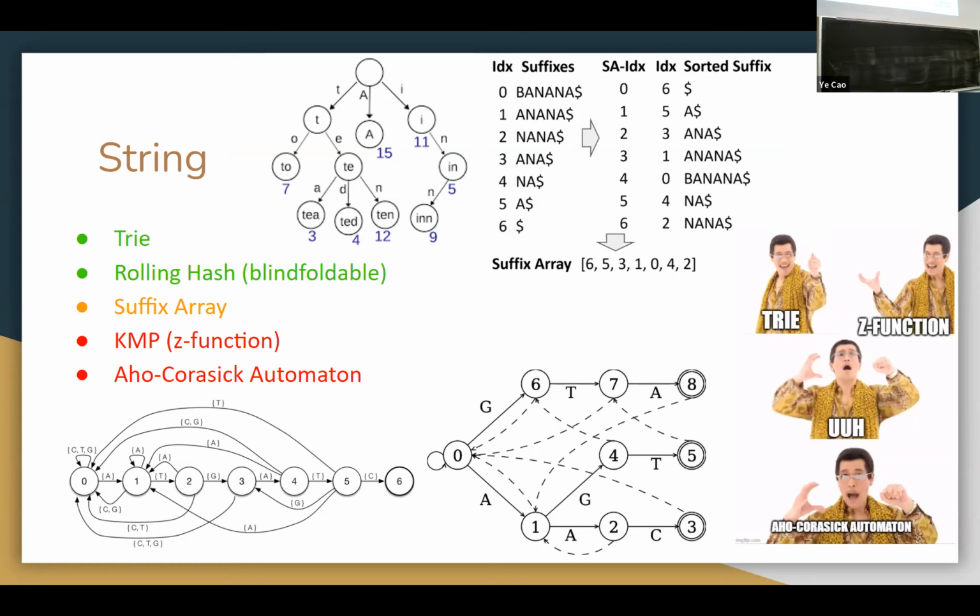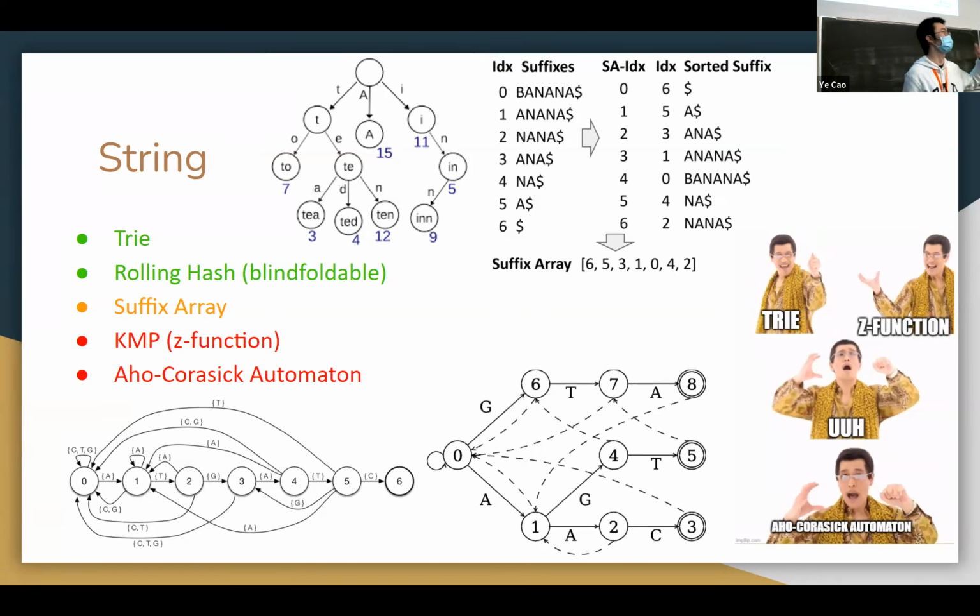Rolling hash, as I previously mentioned, the idea is basically turning a string into an integer. So when you want to compare two strings, instead of doing a character-by-character comparison, you can just compare the two numbers, which is much faster than a character-wise comparison. It's a probabilistic algorithm.